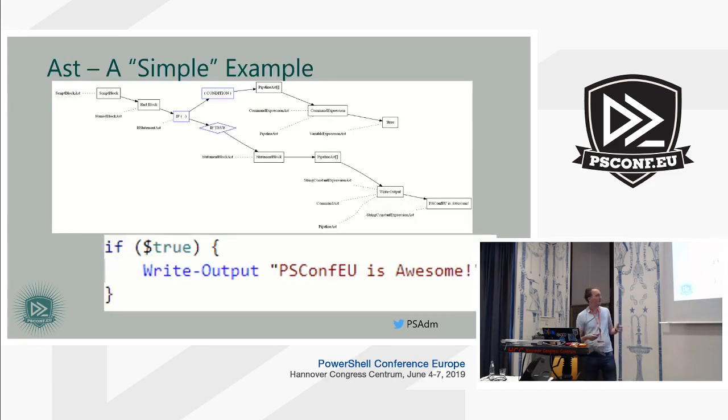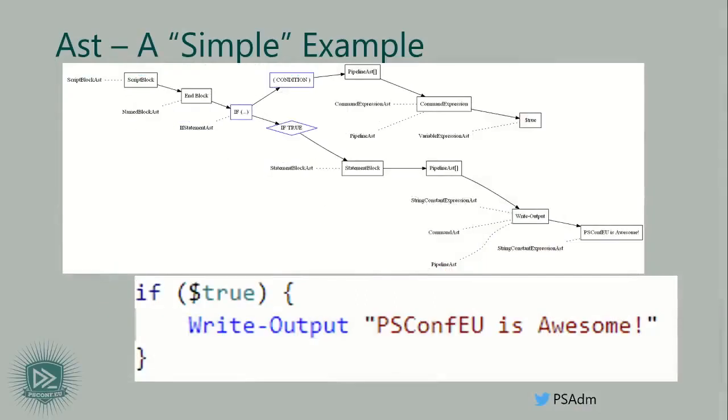This is a really simple example. I just did this little code block at the bottom: if true, Write-Output PSConf for you is awesome. And above this is a visualization of the AST of this script block. So you can see how the computer traverses through this tree.